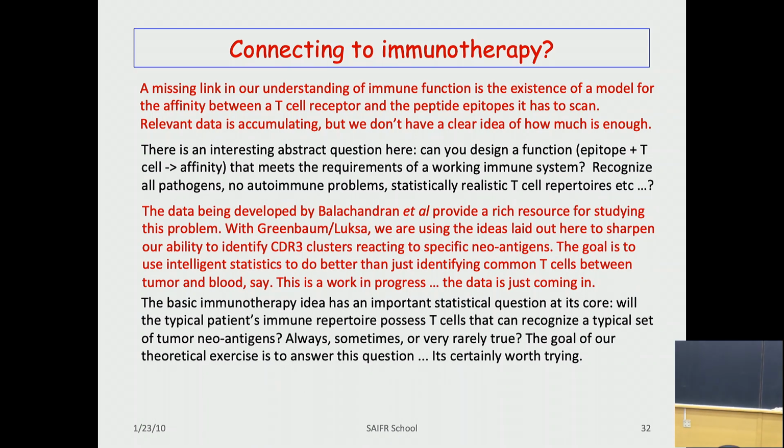So there's a whole bunch of statistical questions that lie behind the potential for immunotherapy as an actual useful therapy for human health. And it's interesting that this practical question intersects, it seems to me, at a fundamental level with some really interesting fundamental questions in the statistics of the immune system.